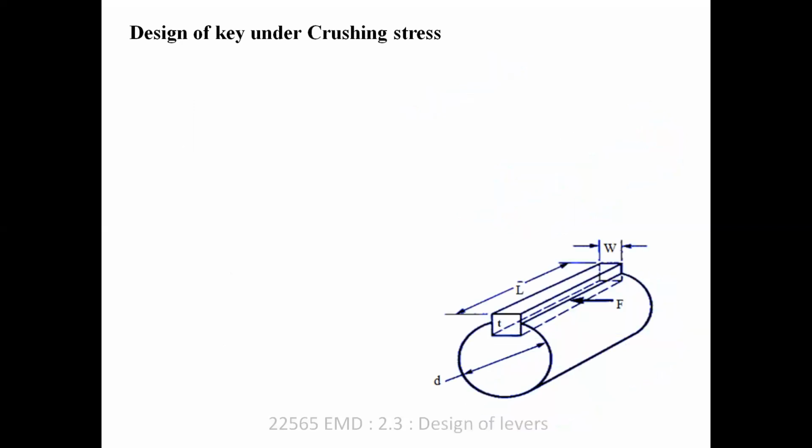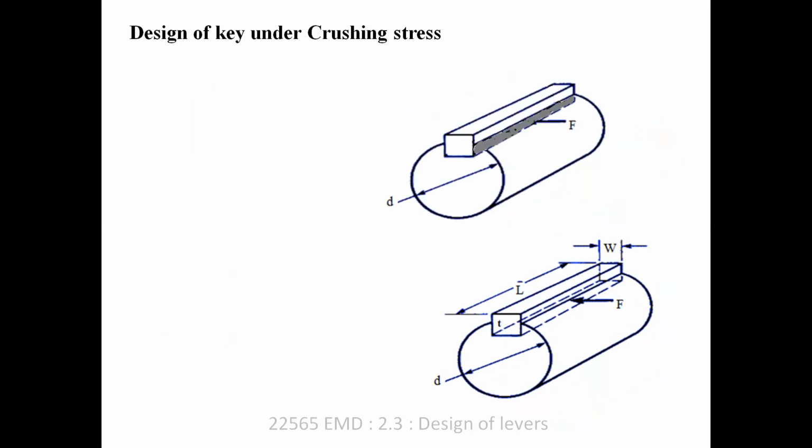Now look at one more failure, crushing failure. The force may crush down the key portion which is inside the shaft, because half portion is going to crush down. Again let us get the mathematical formulation.